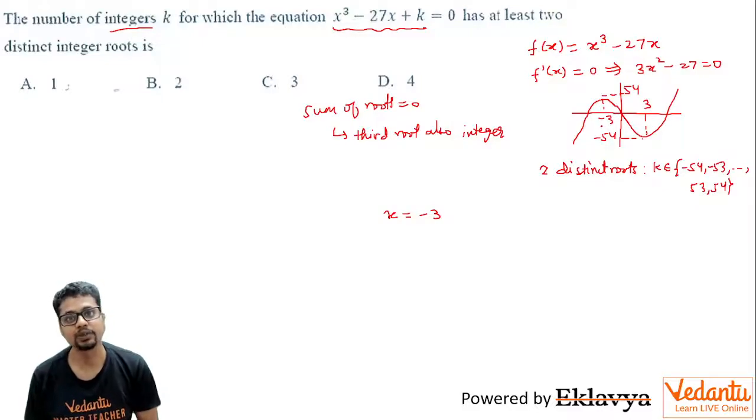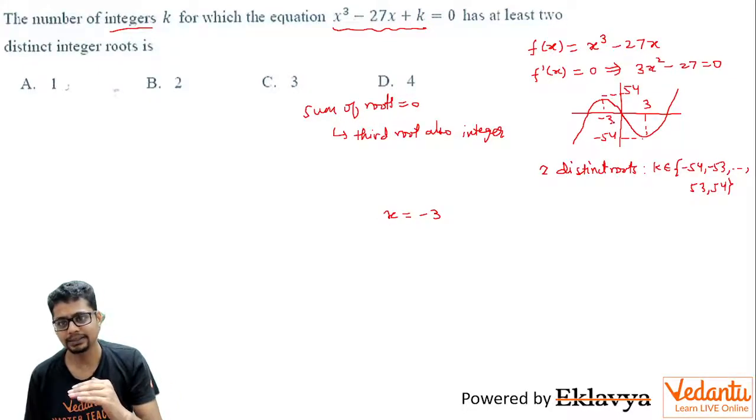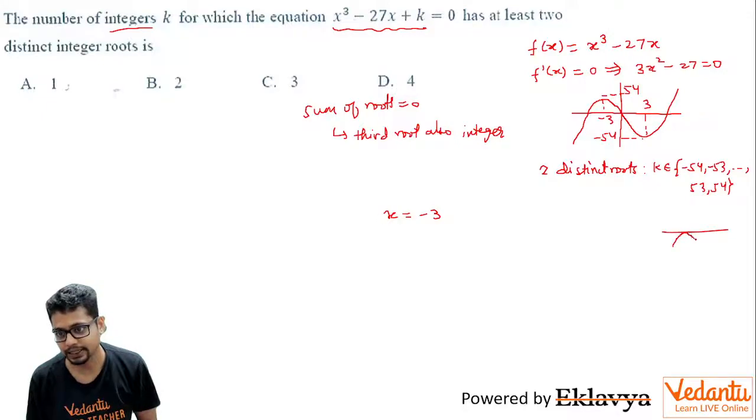Why? Because derivative is also becoming 0 here. In fact, in that case I believe k would be minus 54. Check it out. Because it will shift 54 units below and it will be something like this. If minus 3 is the root, it will be definitely a repeated root. Why? Because derivative is becoming 0.